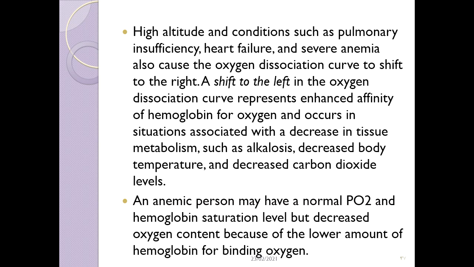So, an anemic person may have a normal partial pressure of oxygen and hemoglobin saturation level, but a decreased oxygen content occurs because of a low amount of hemoglobin for binding the oxygen. What does that mean?